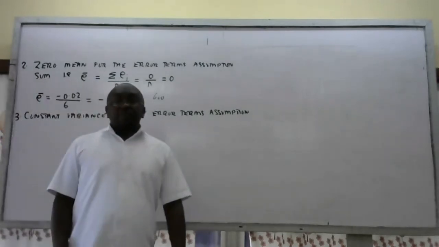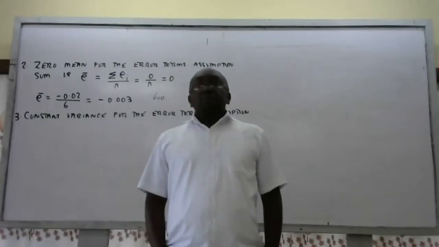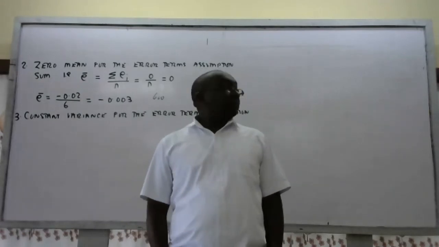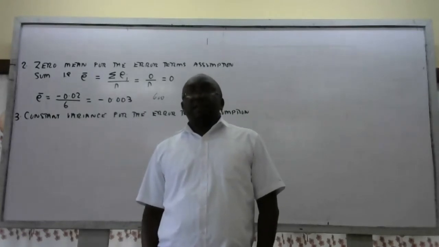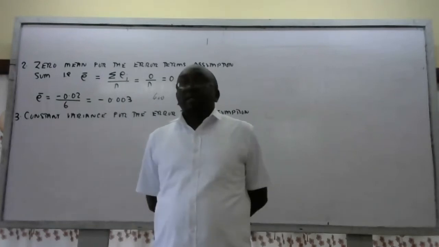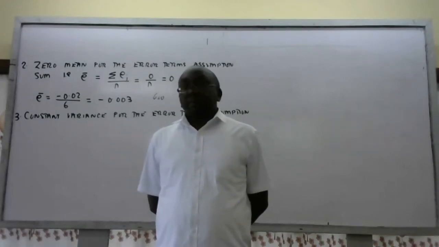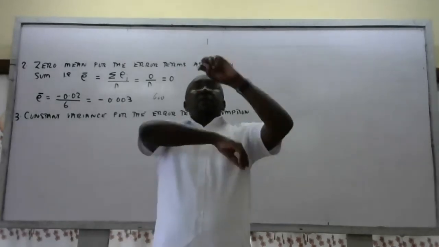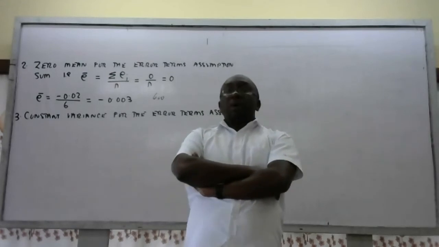Okay, so then we write that this states that the size of the error values does not depend on the values of x, and should therefore have a constant variance equal to 1.